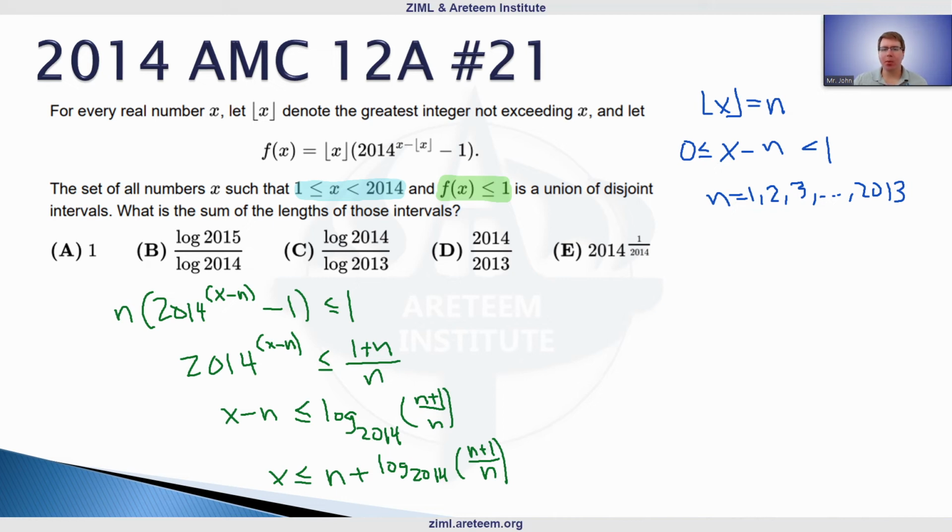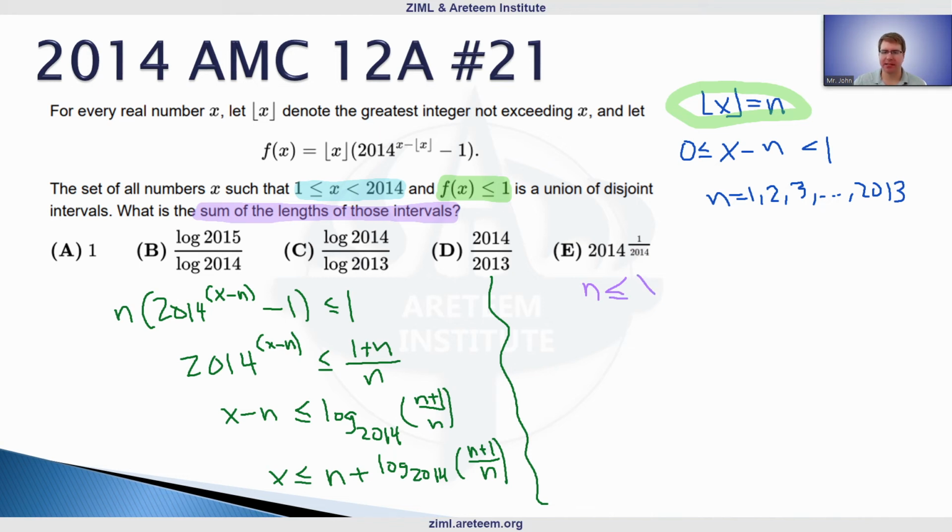But remember that if the floor of x is n, what is that really telling us? What do our intervals look like here? If we think about the sum of the intervals, for the given n values, if the floor of x is n, that means our lower bound for these intervals is n.